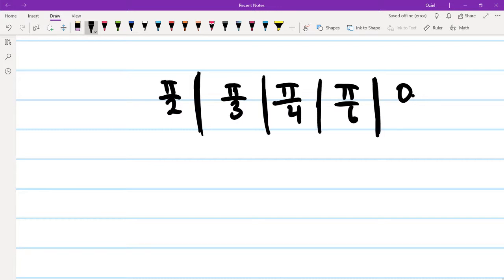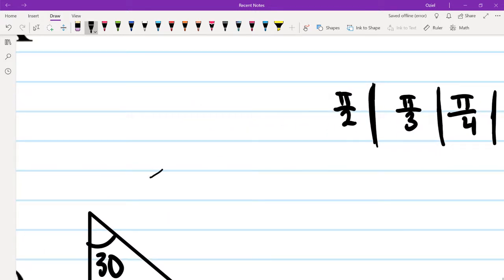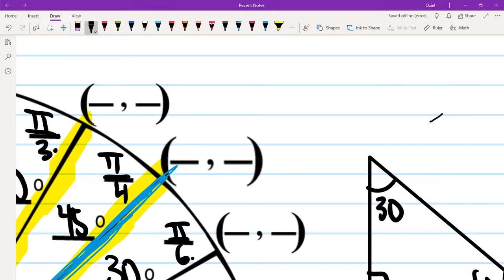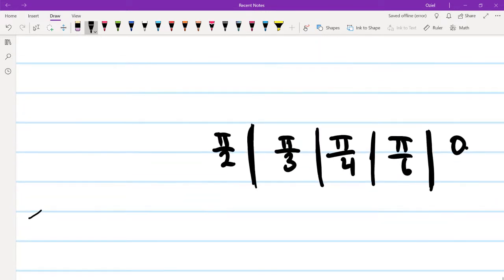Just remember it goes 2, 3, 4, 6, 0. So then if you really try to study your coordinates, you would say that it's 0, 1, and then it goes 1/2, the square root of 3 over 2.